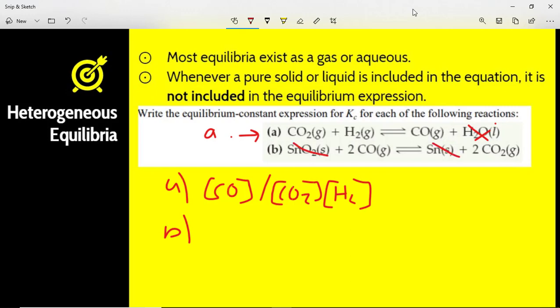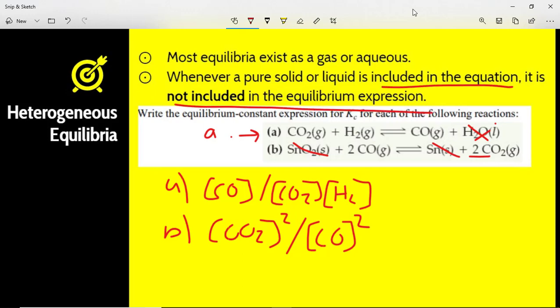So what we're going to get is CO, concentration of CO2. Remember, coefficients become exponents. Just like that, all right? Pretty straightforward here, but do keep in mind that when a pure solid or liquid is included in the equation, it is not included in the equilibrium expression.